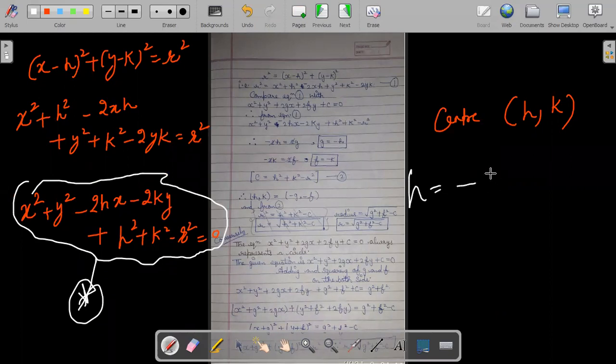Negative half the coefficient of x. From equation number star, I repeat, coefficient of x is how much? Minus 2h. If I take half of minus 2h, what will we get? Minus h. If I multiply it by minus sign, what will we get? h. Got the center?